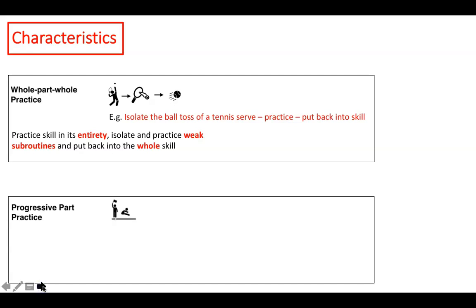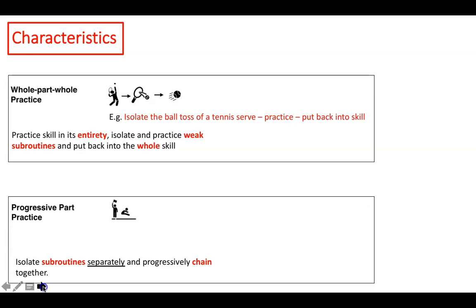Then we have progressive part practice. What I mean by progressive part practice is we're isolating subroutines separately and then progressively chaining them together. Chain is a key word in this description. We isolate the subroutines separately, then progressively chain them together, and finally have the whole skill.